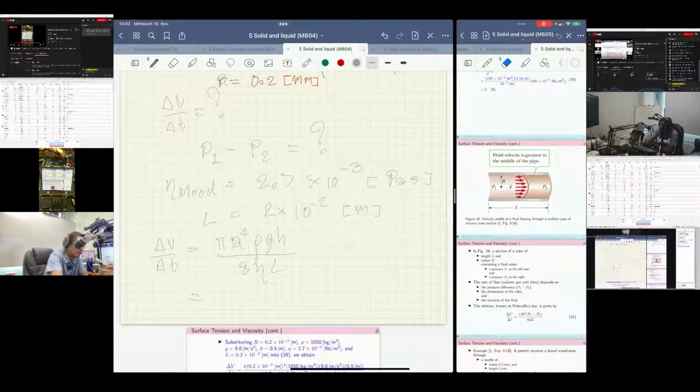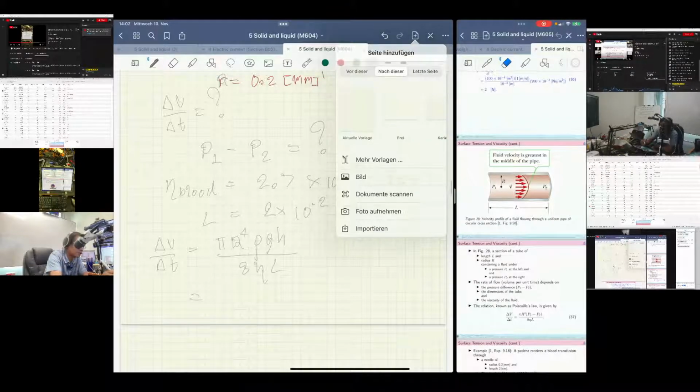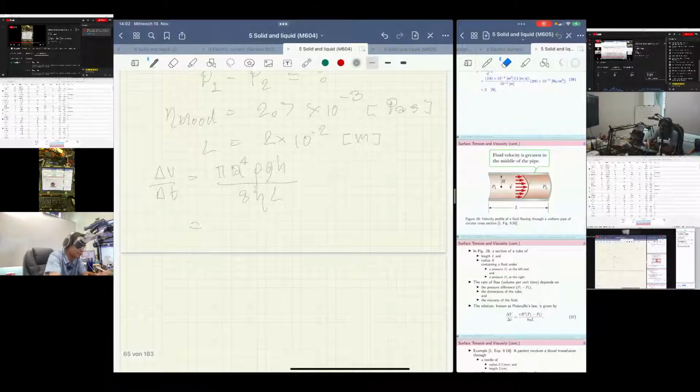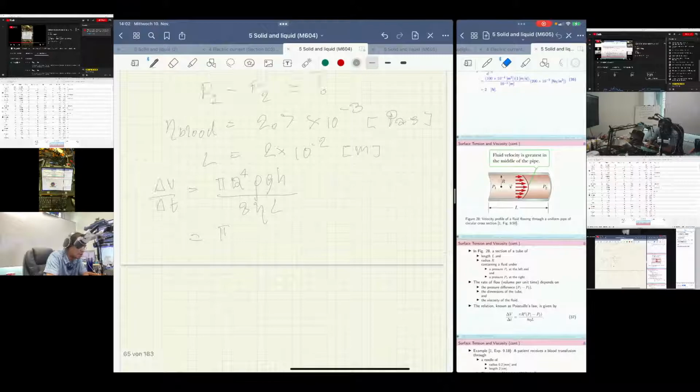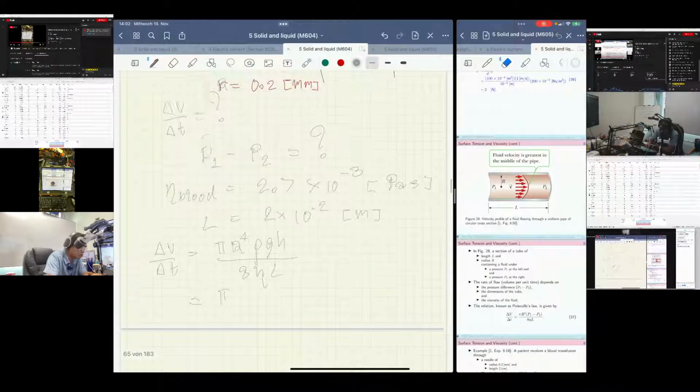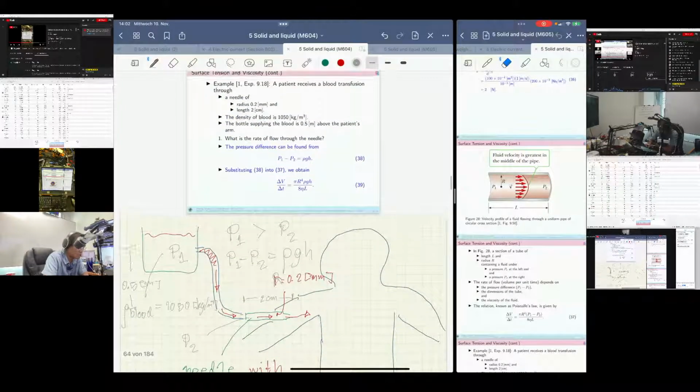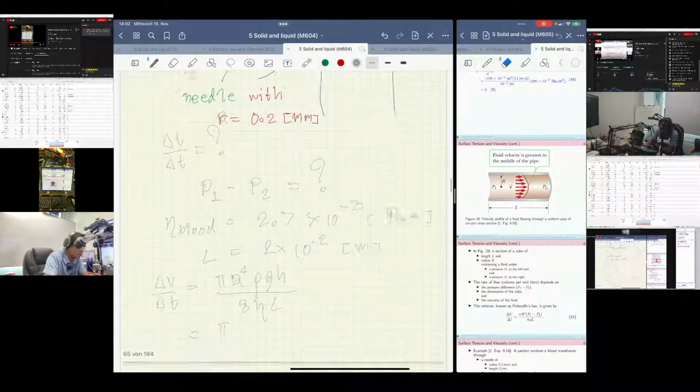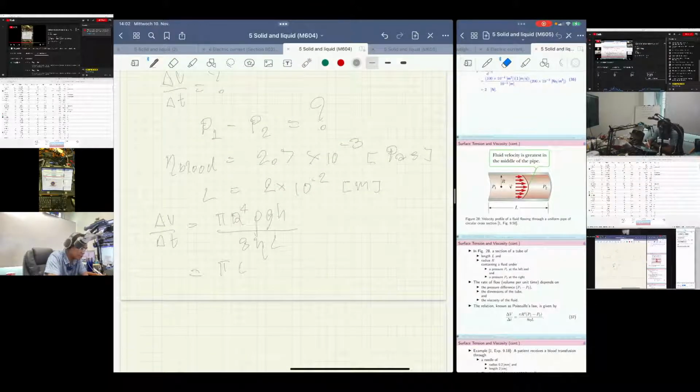So now let's substitute everything into this. Pi is pi, and the radius R is 0.2 millimeter, or simply 0.2 times 10 to the negative 3 meter, right?